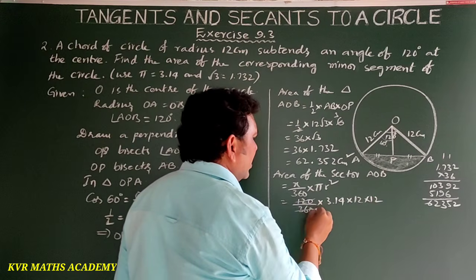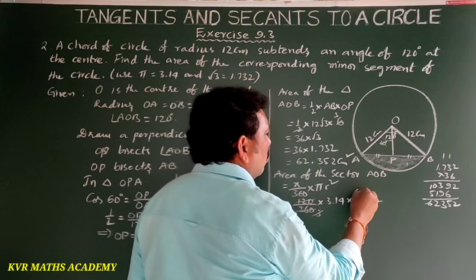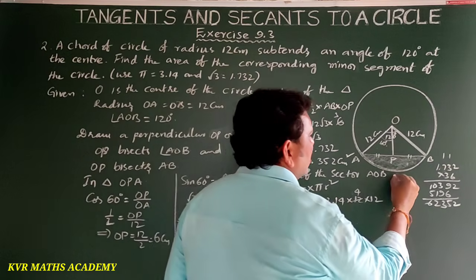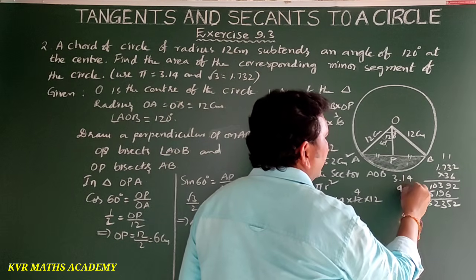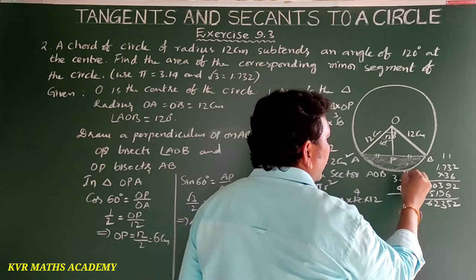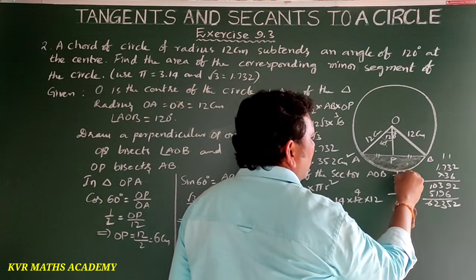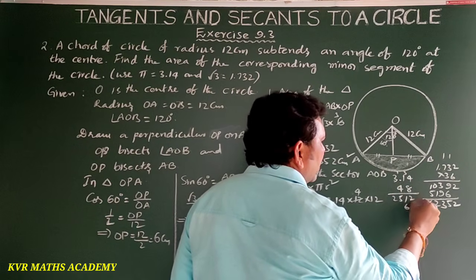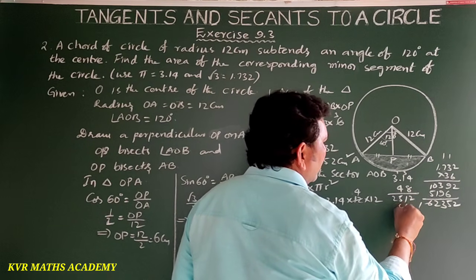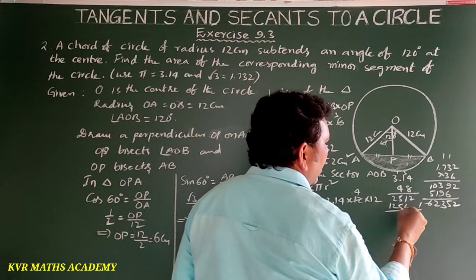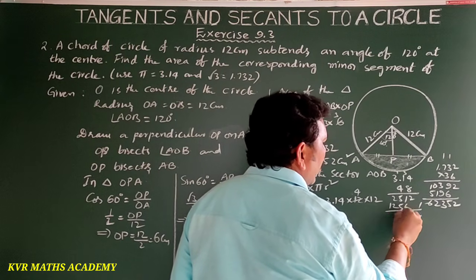Yes, 12 3s are 36, 3 4s are 12, which means 48 into 3.14. So 3.14 into 48: 8 4s are 32, 8 1s are 8, 11, 8 3s are 24, 25. Next, 4 4s are 16, 4 1s are 4, 5, 4 3s are 12, 12, 7, 0, 5, 1.